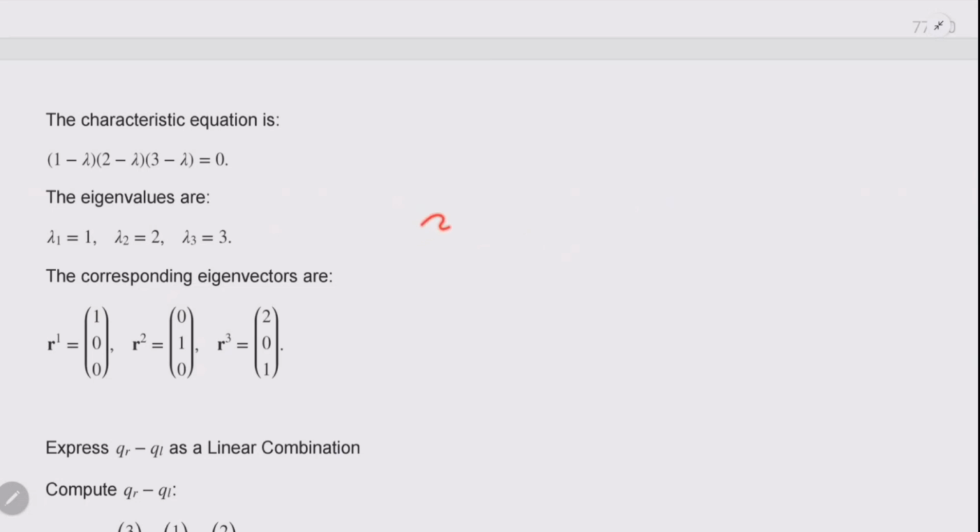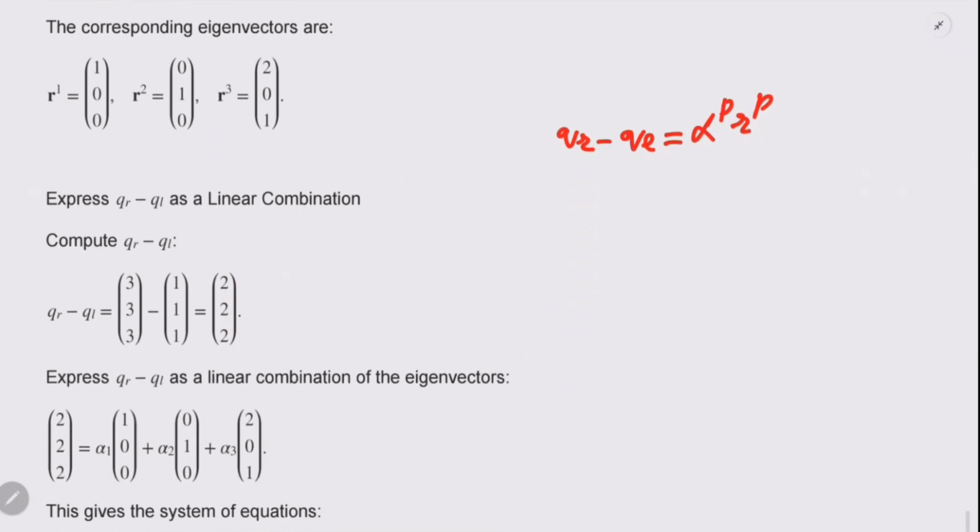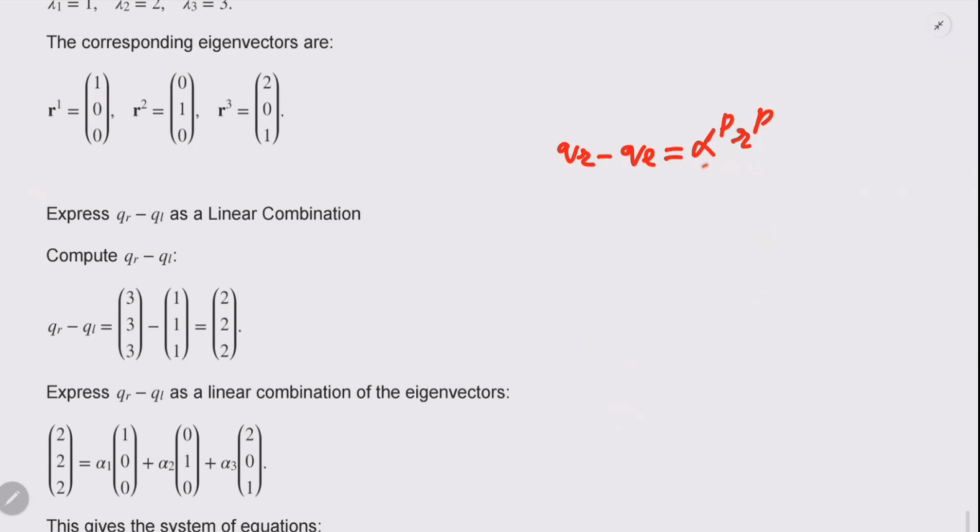So first we need to find q right minus q left, which is alpha p rp. This value is 2 2 2, so we put this value here, 2, 2 and 2. Then we write this as a linear combination like we did over here.